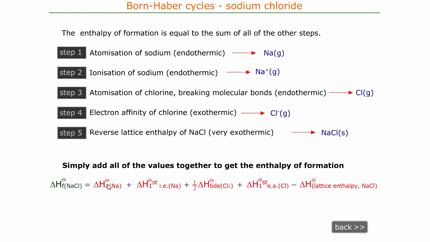We need to make sure that, particularly with lattice enthalpy, there are two definitions. There's the formation lattice enthalpy and there's the dissociation lattice enthalpy, and they have opposite signs. One is exothermic, the formation, and the dissociation is endothermic.